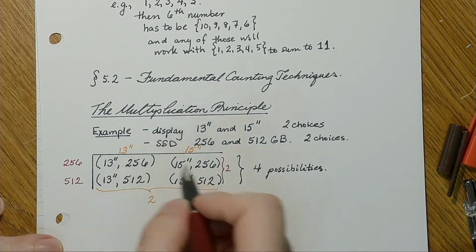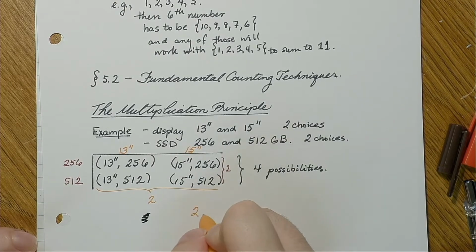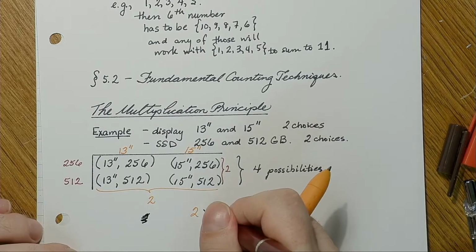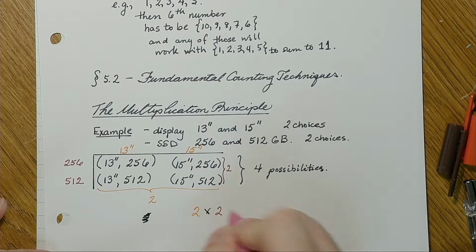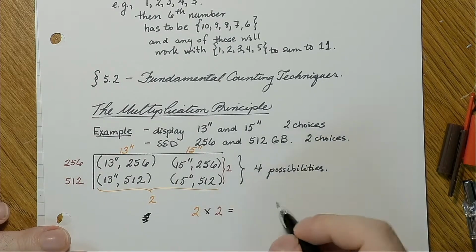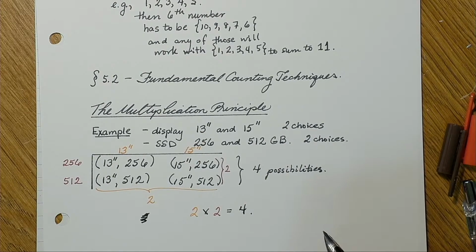And because we've got kind of this grid, there was 2. Oops, maybe I'll use some color then. So then it was really, I had 2 choices for the first one times 2, which gave me 4. And that's really what the multiplication principle is about.